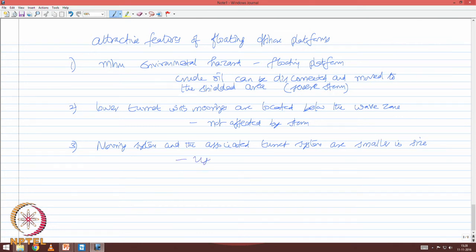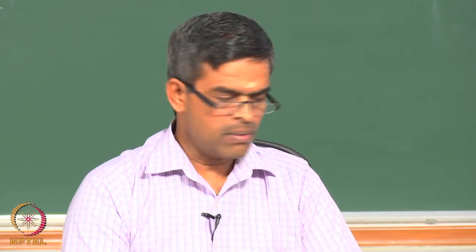They are useful only when the FPSO needs to be moved, because the FPSO can otherwise stay afloat, as they are designed to stay afloat in a stable condition.